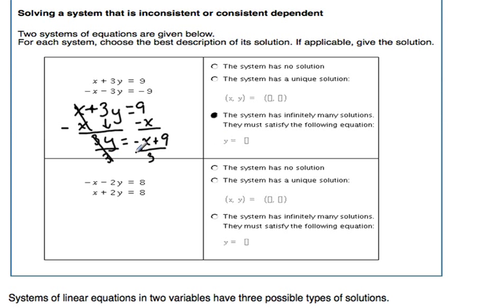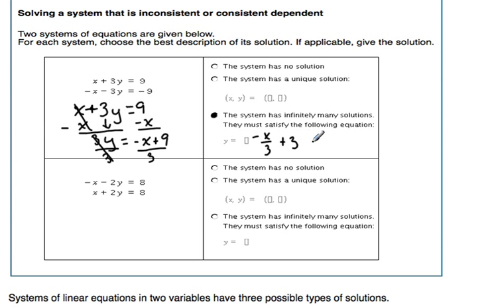The 3's, of course, will cancel out, which will leave us with the positive y that we already have written. This 3, remember that it divides the negative x and the positive 9. So negative x divided by 3 is going to get us, you can write negative x over 3, and in a minute I'll show you another way to write it. And 9 divided by 3 is simply positive 3.